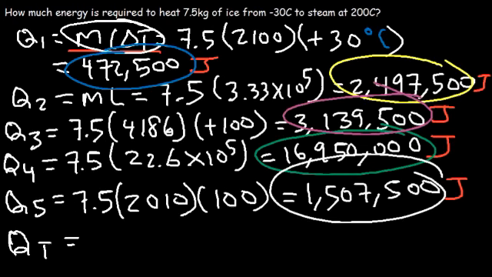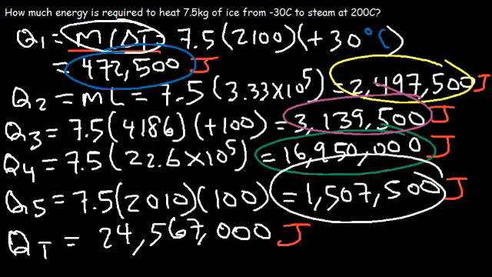If I typed everything correctly, the total energy is 24,567,000 joules. However, more than half of this energy was used to vaporize liquid water into steam. So it takes a lot of energy to do that.